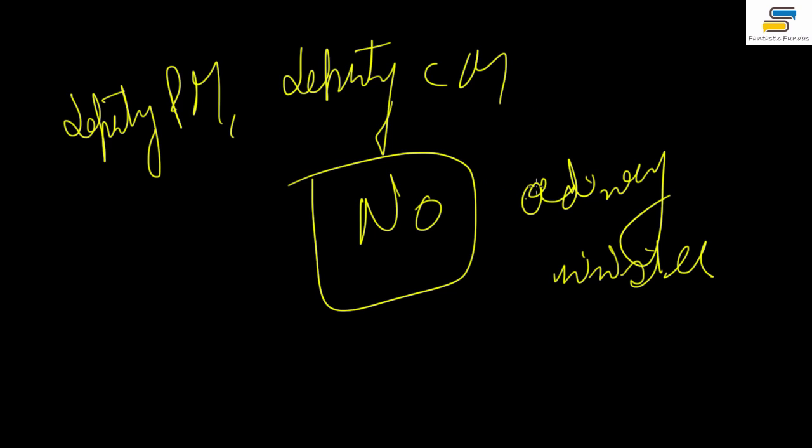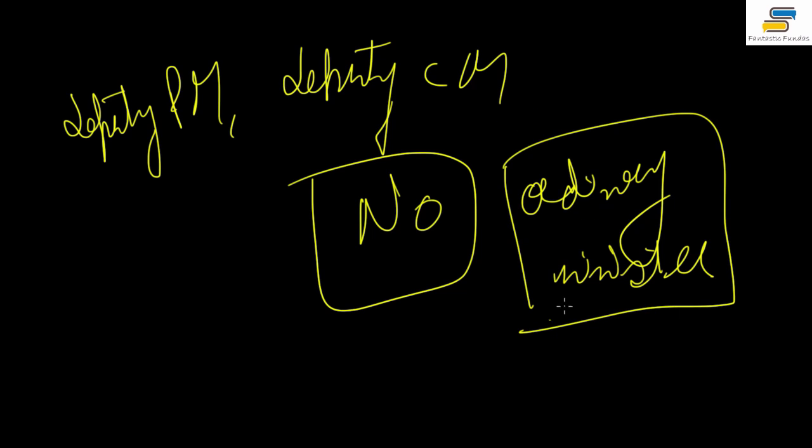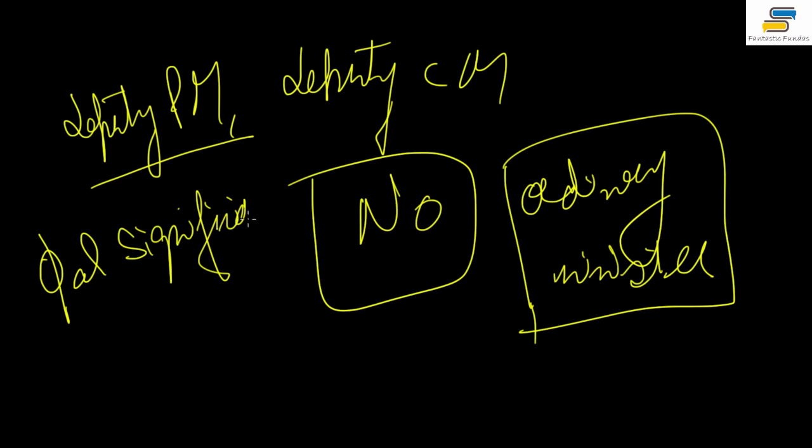And please understand, he is a minister when he holds a portfolio. By portfolio I mean some charge, like minister of environment, minister of tribal affairs, minister of panchayati raj. Otherwise this deputy prime minister has no constitutional significance. Please write this: no constitutional significance. In other words, it's just a normal authority, nothing else. So that is all about the prime minister.